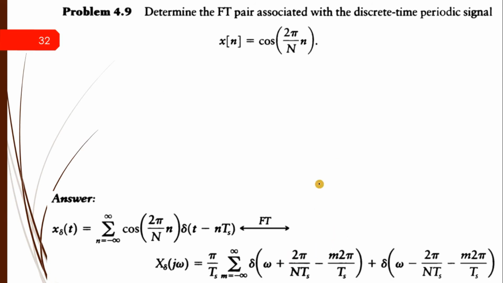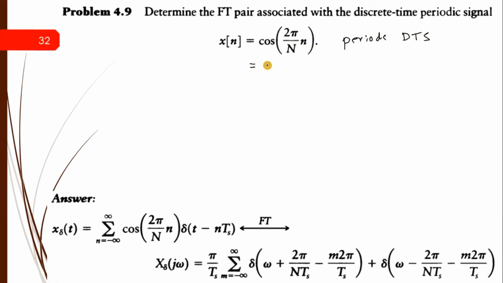Now we will take one example. The cos signal is there. So cos of 2 pi n by N is a periodic signal, and it is a DT signal. Actually, we need to apply DTFS to it.